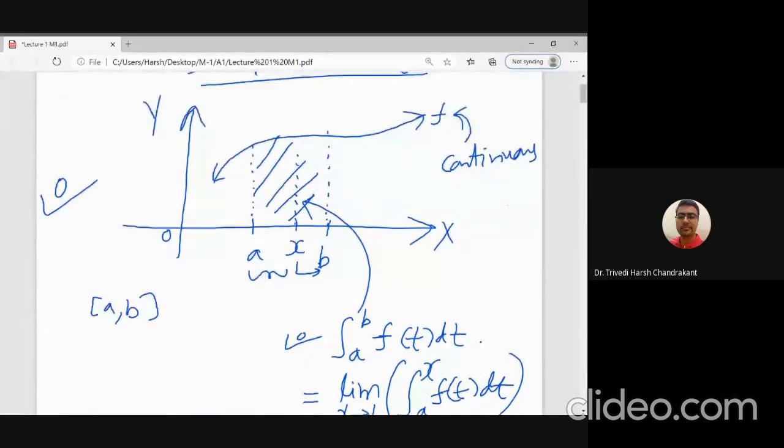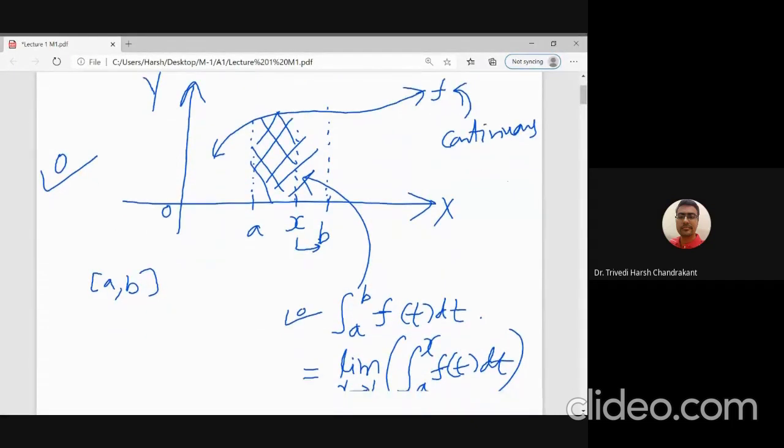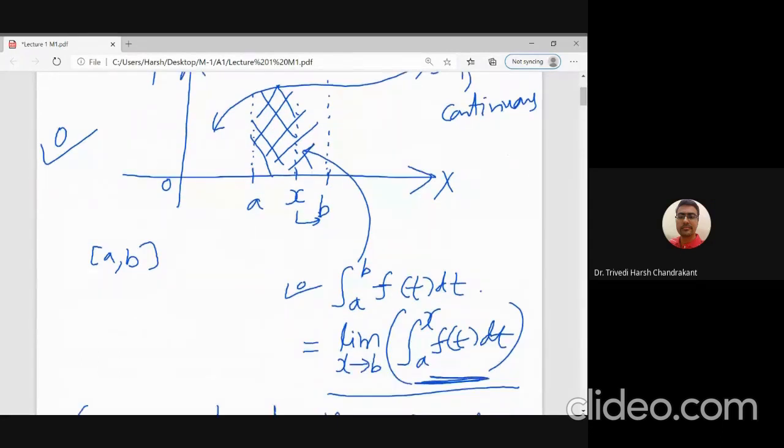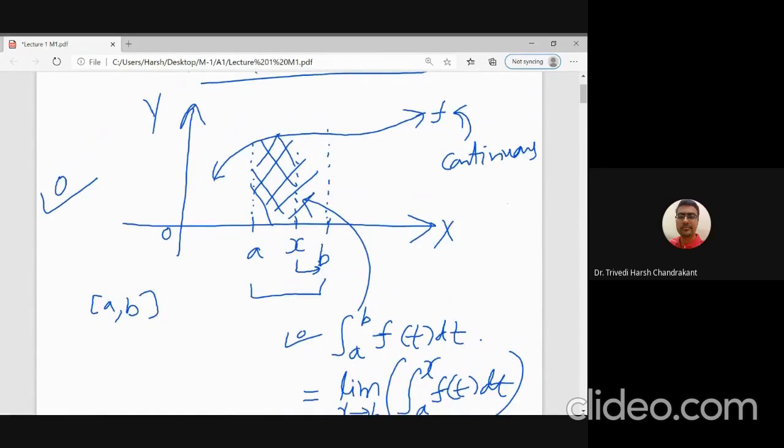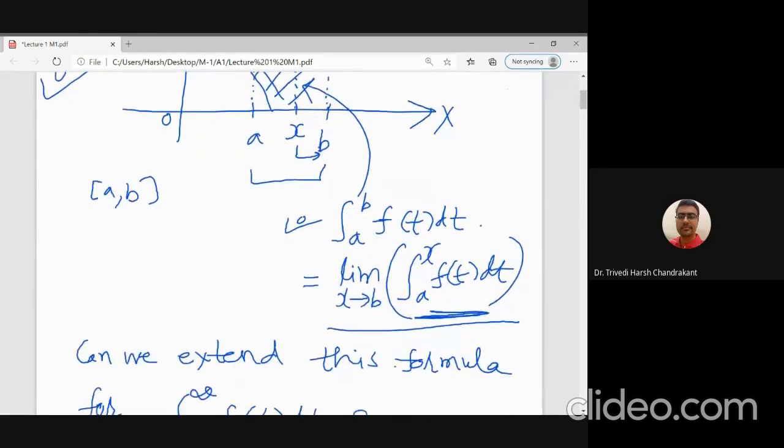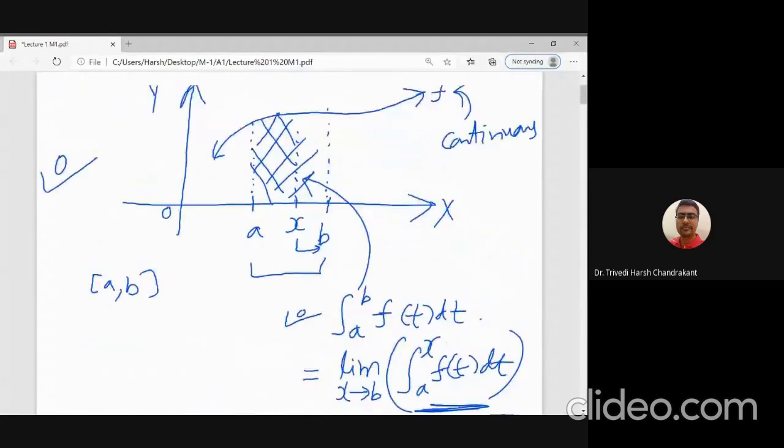So this particular area is the area of the function over the interval a to x. And then when x approaches b, we will get the exact integral formula of the entire closed interval. So this formula we already know, and we can observe this by the graph itself.